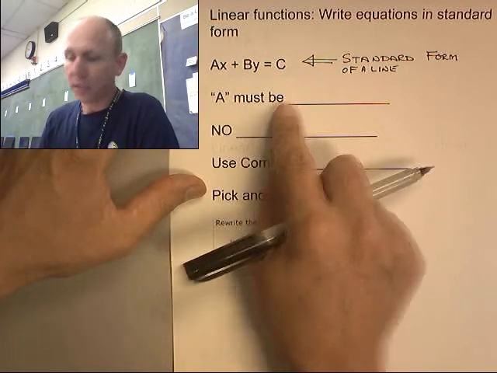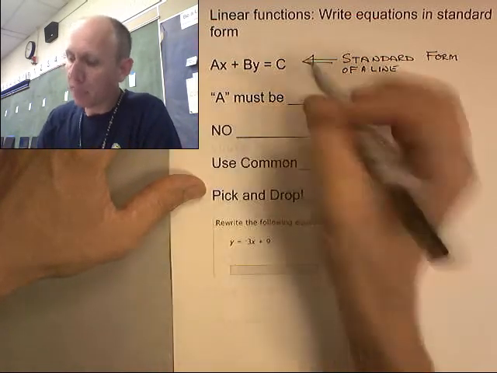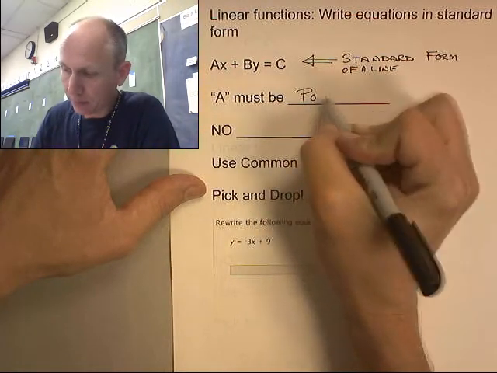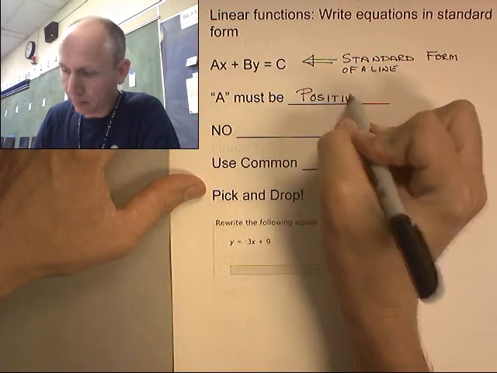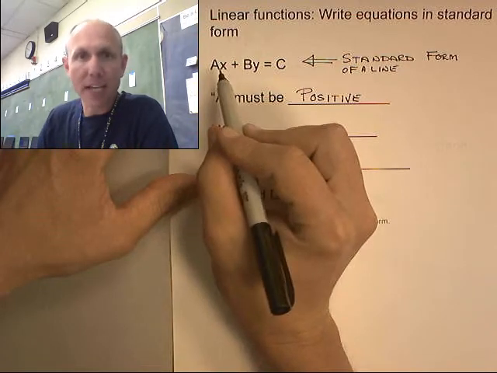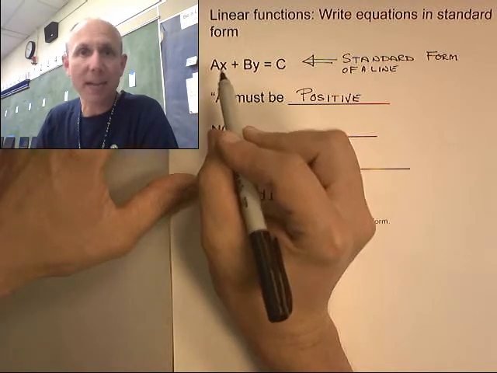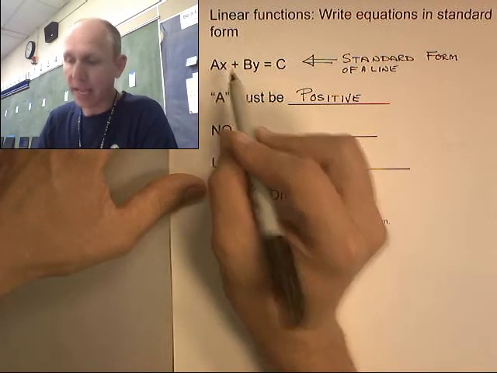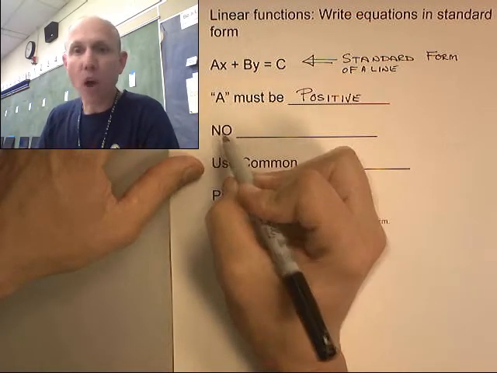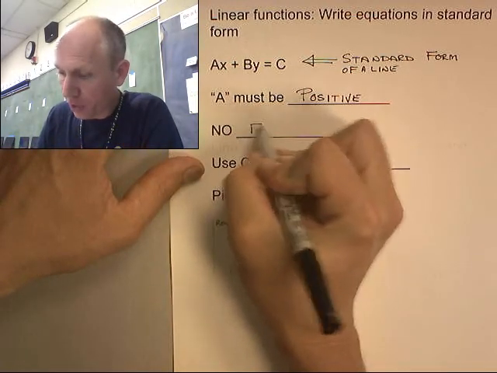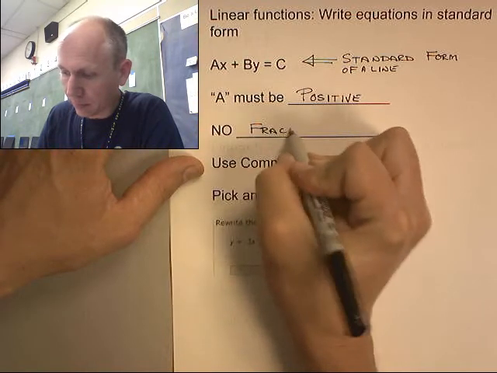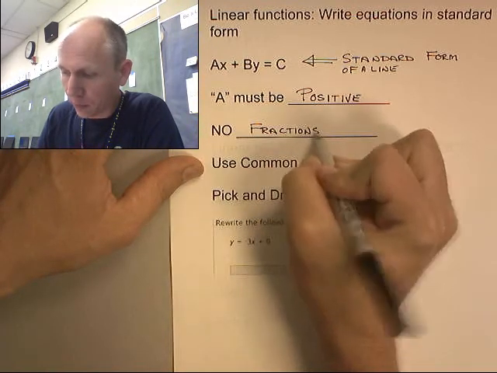Here are the rules for this. A must be positive. Whatever this number a is, it has to be a positive number. I cannot have a negative 2x. It has to be a positive. There can be no fractions anywhere in this. No fractions or decimals.